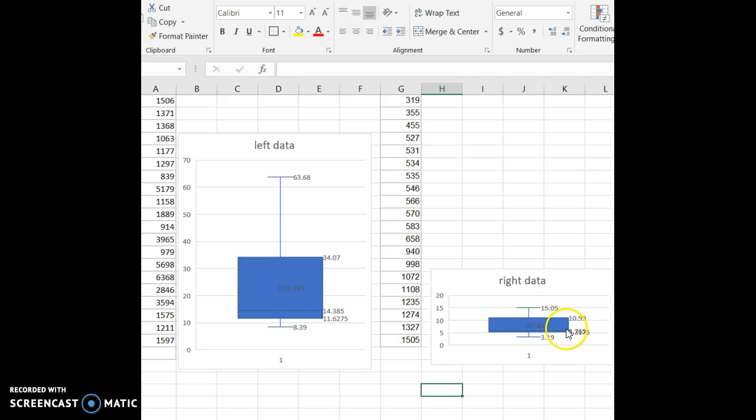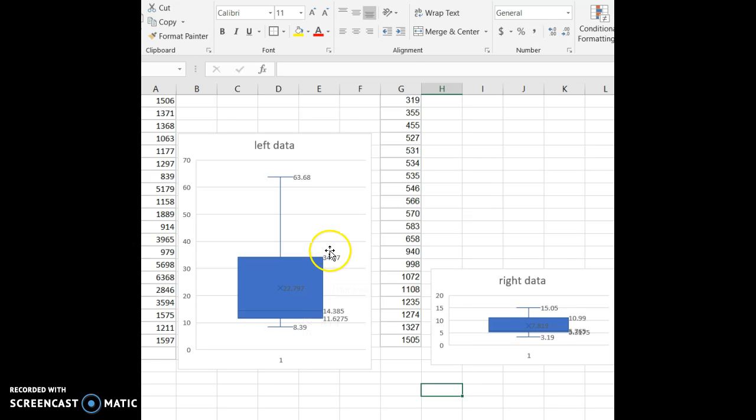But just looking at those boxes, a little squishy box like that in box and whisker says there's not much difference between the Q1 and the Q3, and that means that it's pretty consistent data. Whereas with the left data, that large box there says there's a lot of variation in their reaction speeds. That's how we compare two alongside of each other, and we could do 3 or 4 or any amount more after that.